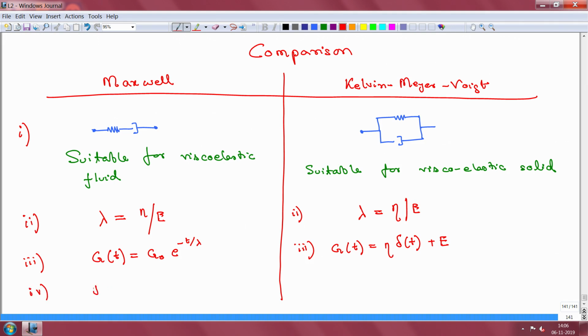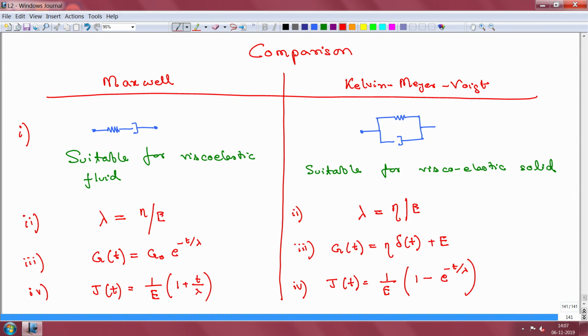Finally, your creep function for the Maxwell model was 1 by E times (1 plus t by lambda), whereas for the Kelvin model you instead had a function that exponentially achieves an asymptotic value. Right.